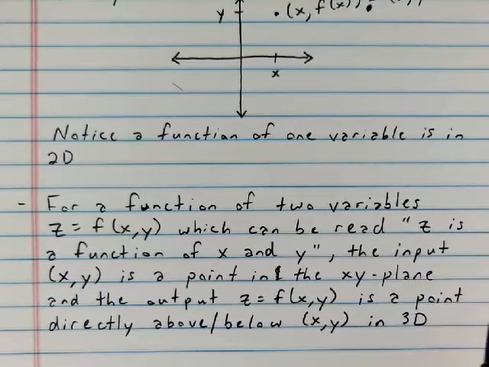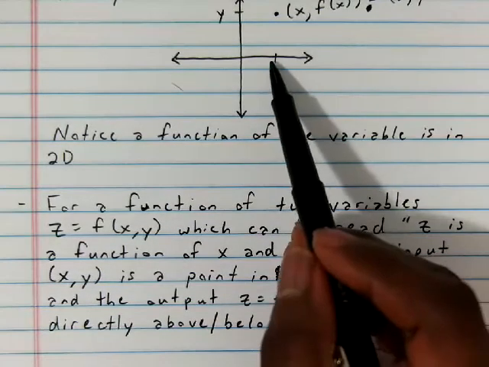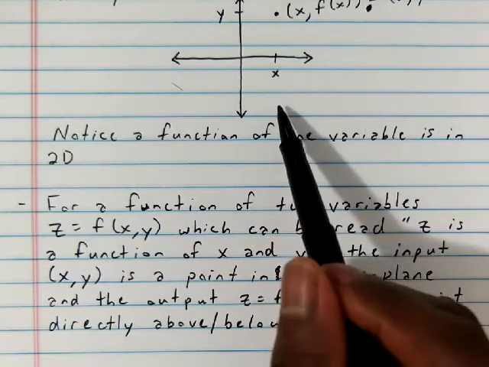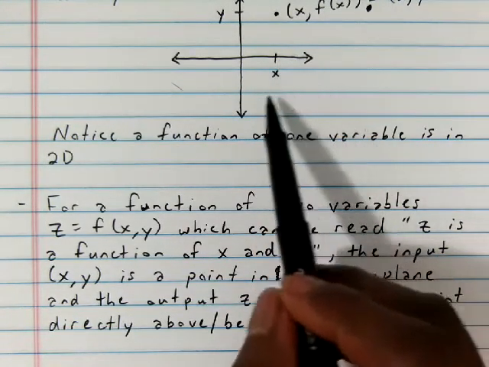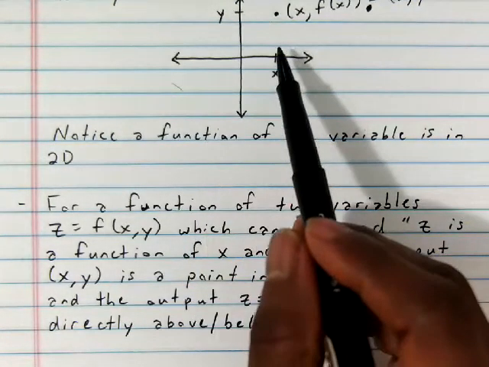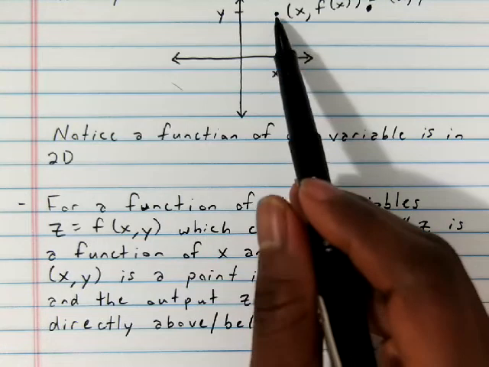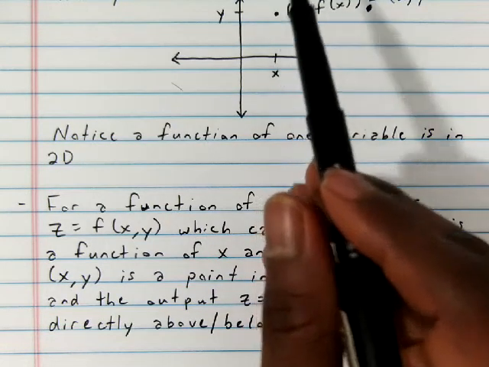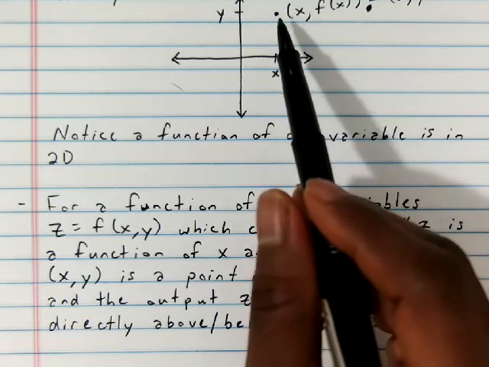So our inputs are anything in this plane, and the output could be, say, up here, or directly below that point.